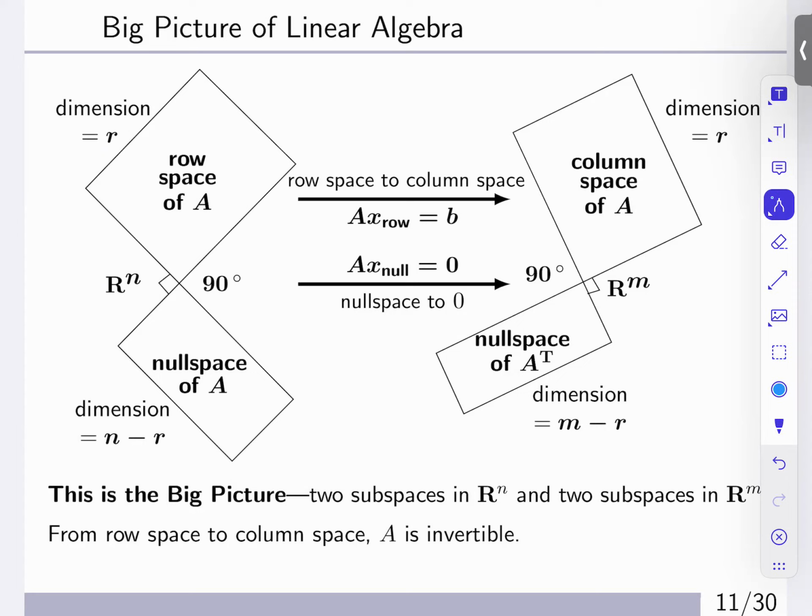Now imagine that the row space of A is orthogonal, perpendicular, to the null space of A, and the column space of A is orthogonal to the null space of A transpose.